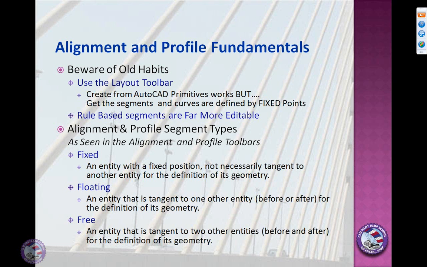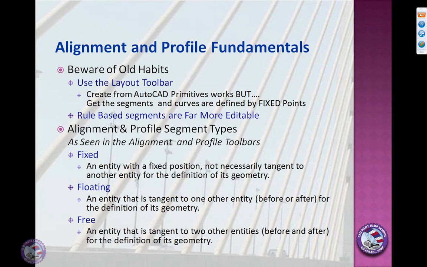All right, we have this idea of a fixed type, and that's basically you pick points and define the geometry, and it's not connected to its neighbors. Okay, so fixed means it doesn't move. And therefore not very editable or changeable, and not very susceptible to any other kind of rule changes that you apply.